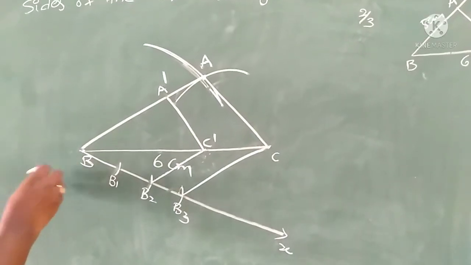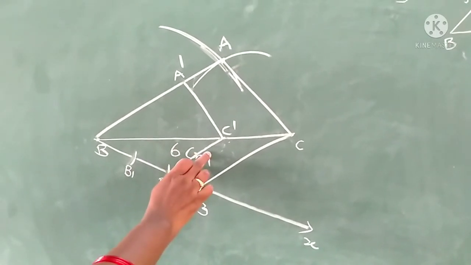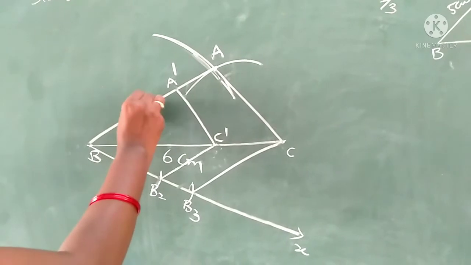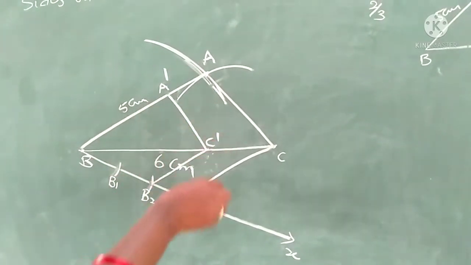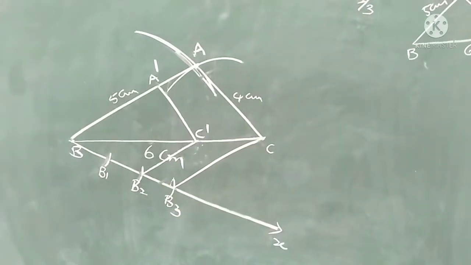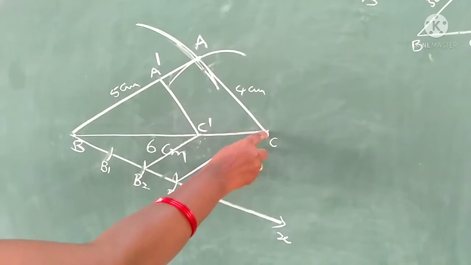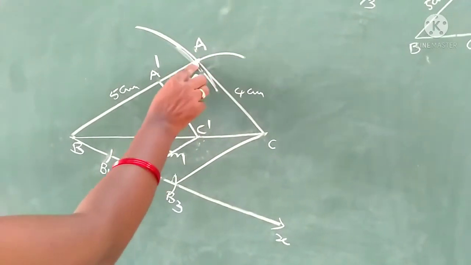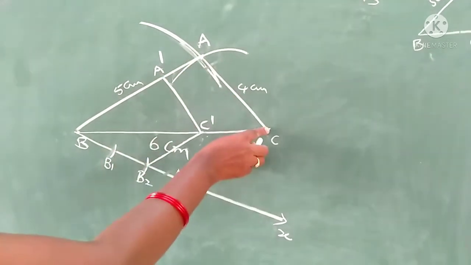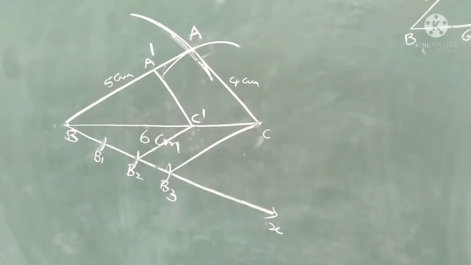Once again, first we draw the BC line segment of 6 centimeters, and the arc for BA of 5 centimeters. Next take 4 centimeters with the compass and draw another arc; the intersecting point is A. Join AB and AC, so ABC is the triangle.